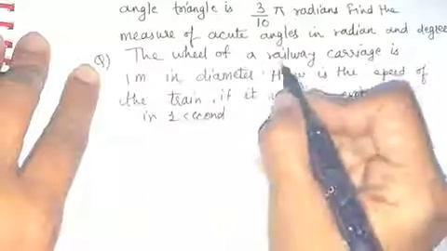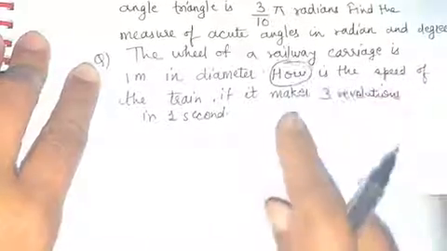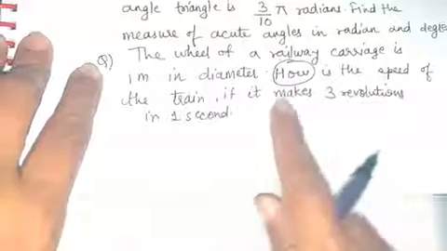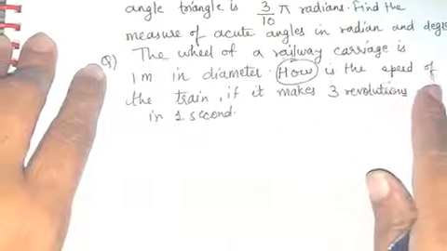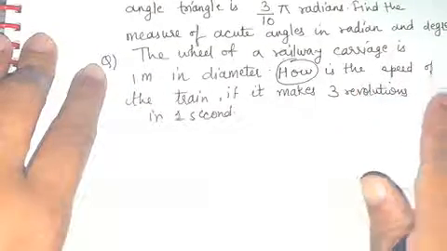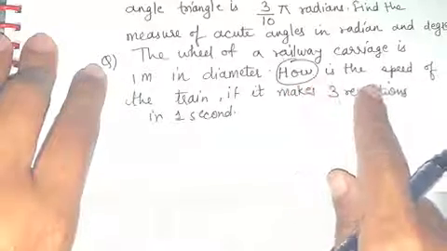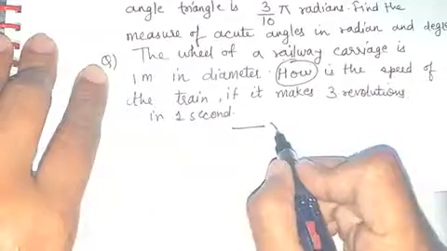So over here you may replace the word 'how is' with 'calculate', because the speed of the train is not a qualitative thing, it is a quantitative thing. So never be confused by the wordings of the question. So best of luck for this part.